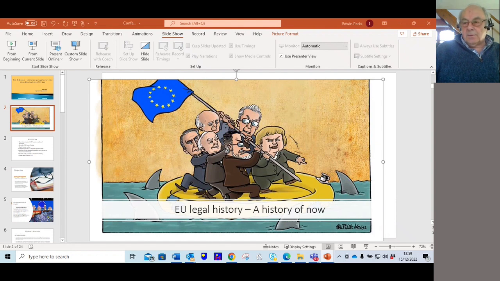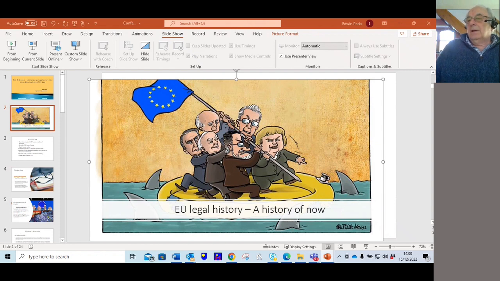I can see time's going quickly, so I'll jump to the last block, which was European Union law in close-up. We took two topic areas. We explored in Unit 9 environmental law, which looks to the future and developing EU law from the perspective of the EU's obligations internationally and to the world at large in terms of protecting the environment.